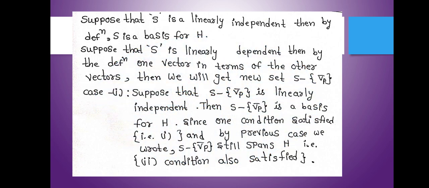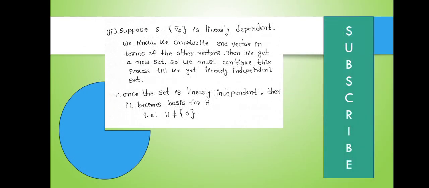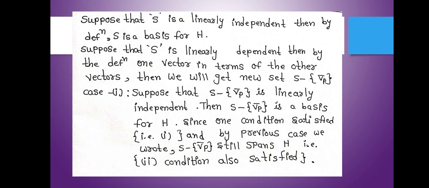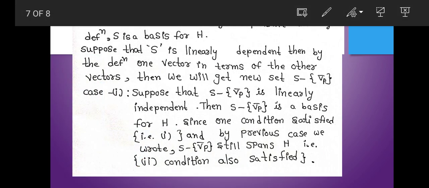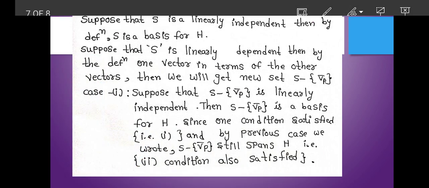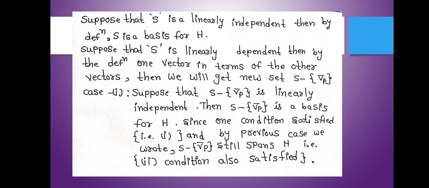Suppose that S is linearly independent, which means the vectors in the set S do not depend on any preceding vectors. Then by definition S is a basis for H. First case, S is linearly independent, we are saying.